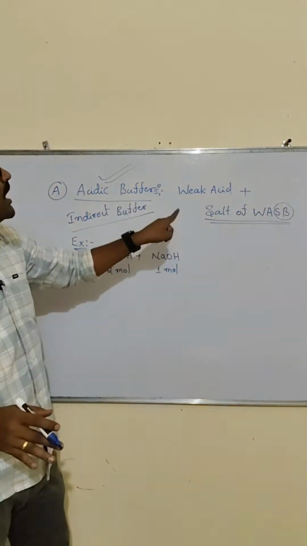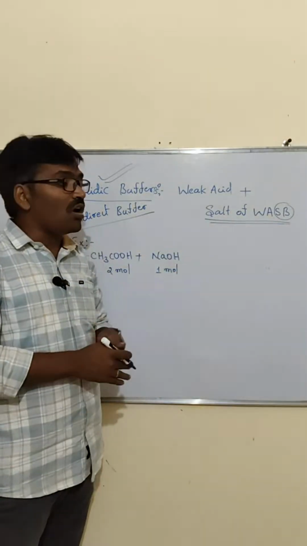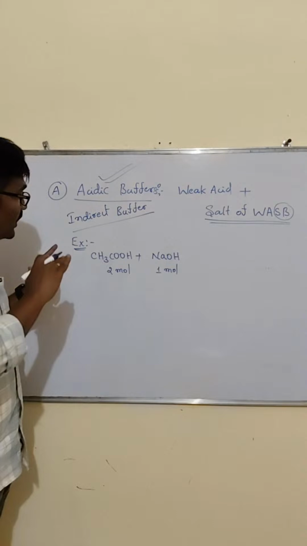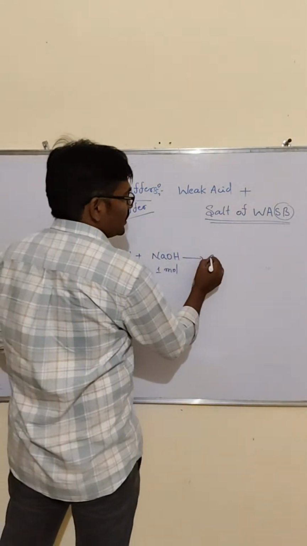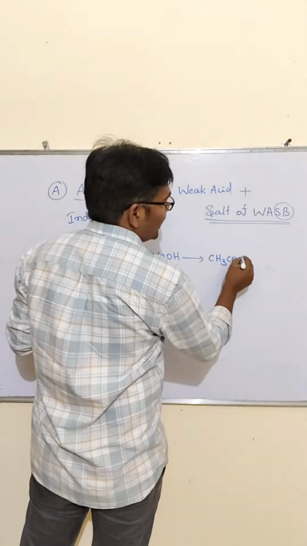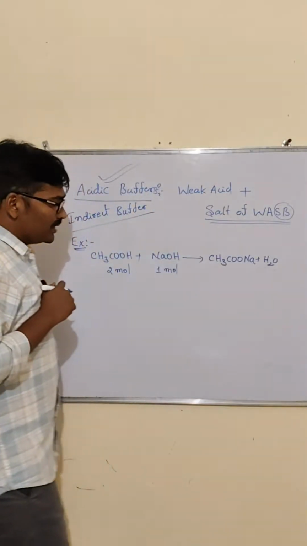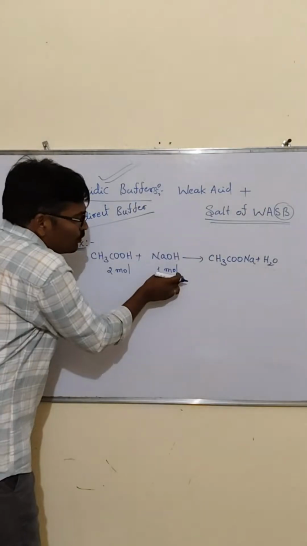An acidic buffer should have a weak acid and a salt of weak acid and strong base. It should be a salt, but here what we have is a base. Sir, if both react with each other, CH3COONa will be formed plus H2O will be formed. Clear? So here we start with 2 moles of acid and 1 mole of base.